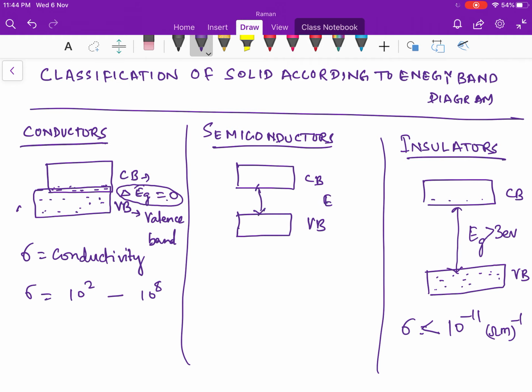This energy gap delta Eg is less than 3 electron volt. Generally it is about 1 electron volt. For example, silicon and germanium. For silicon it is 0.7 electron volt, and for germanium it is 0.3 electron volt, and its conductivity lies in the range of 10 to the minus 6 to 10 to the plus 5.